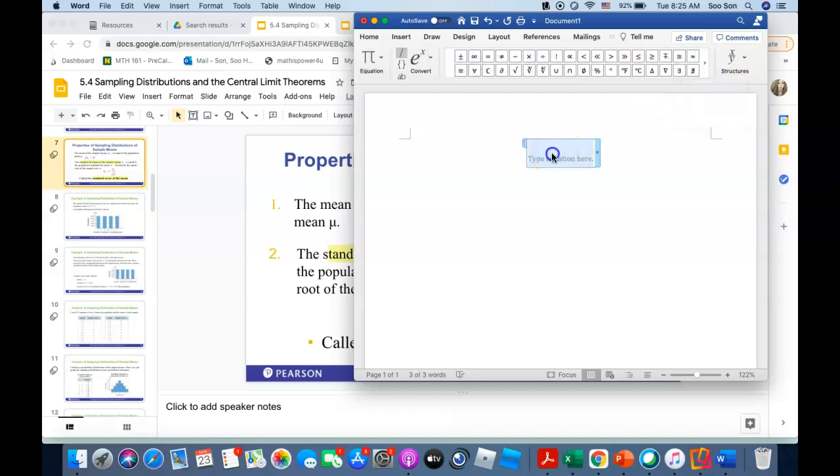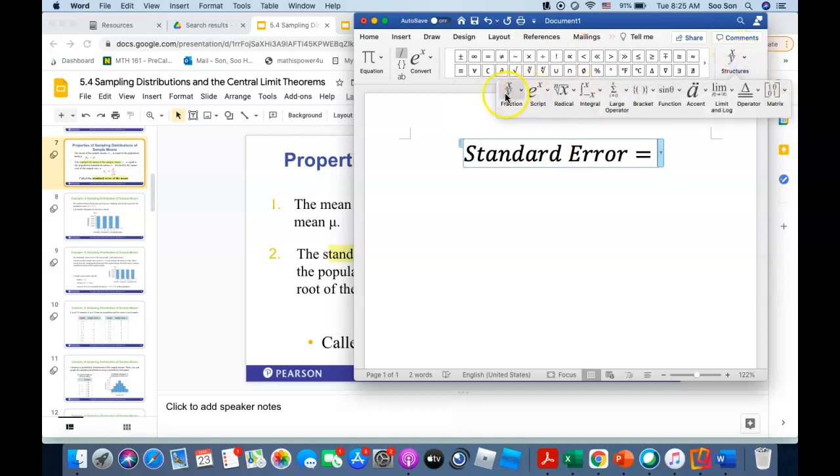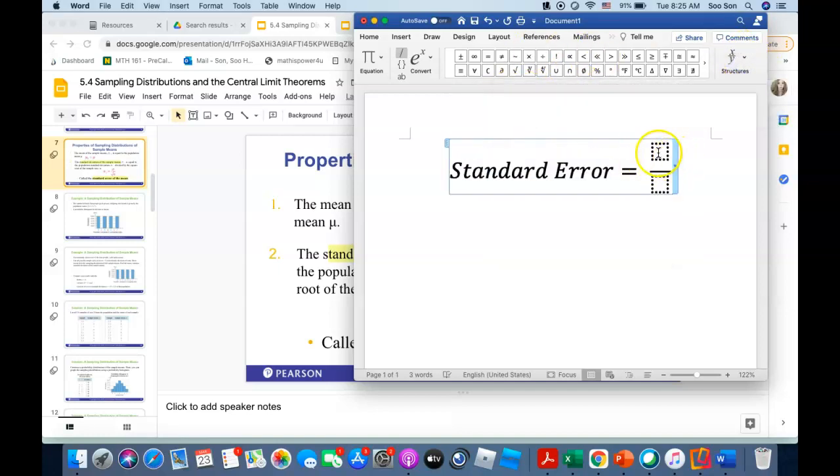Standard error is equal to... I'm sorry, I'm just using one hand right now, so it's hard. I need to put the population standard deviation on top of this fraction.